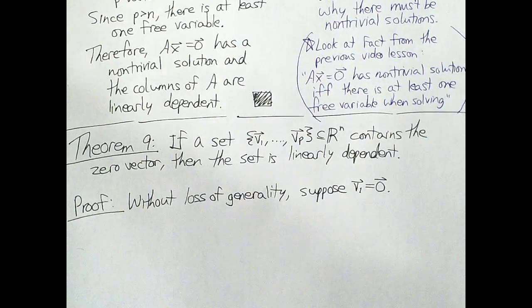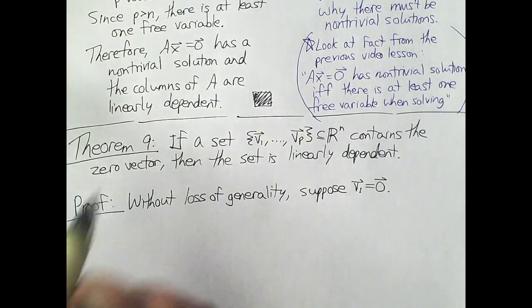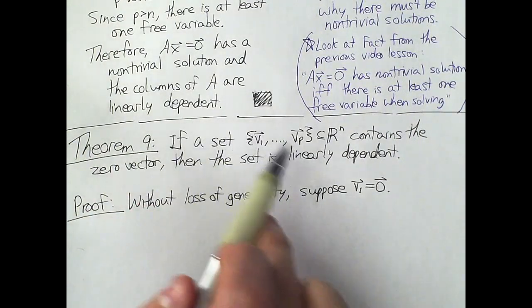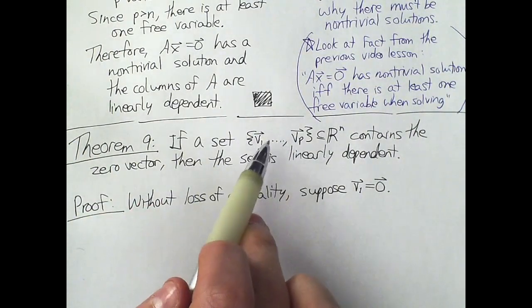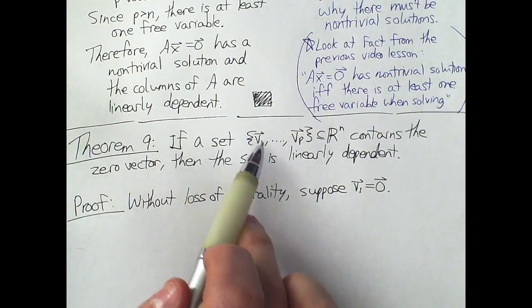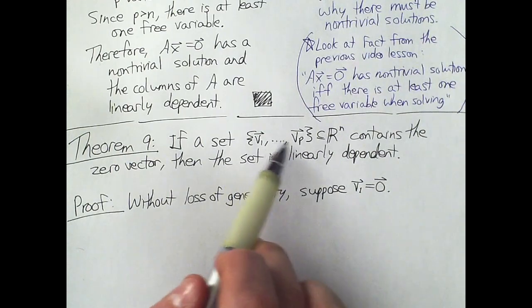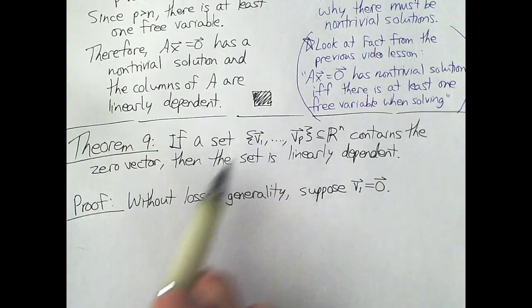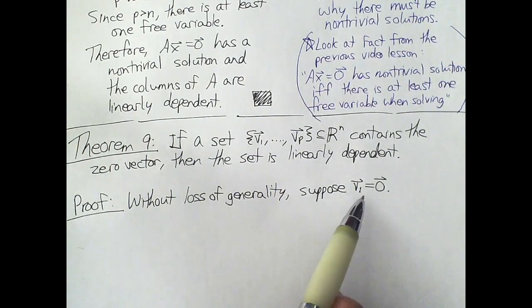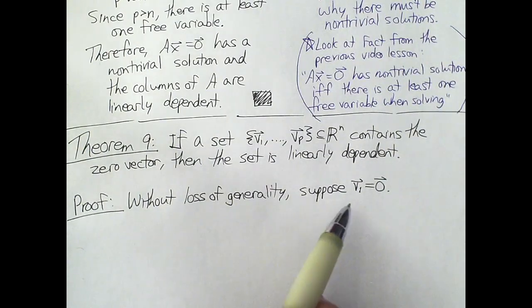Because if it's not V1, if it turns out that it's V2 or whatever, you can just relabel the vectors and move them around in this little set. In a set, it doesn't matter what order things are in. So if at least one of these is the 0 vector, we can just suppose that it's the first vector, whichever one is labeled V1.